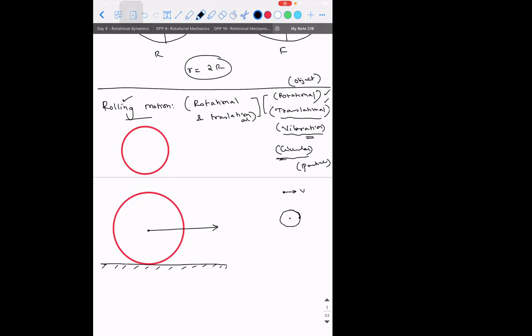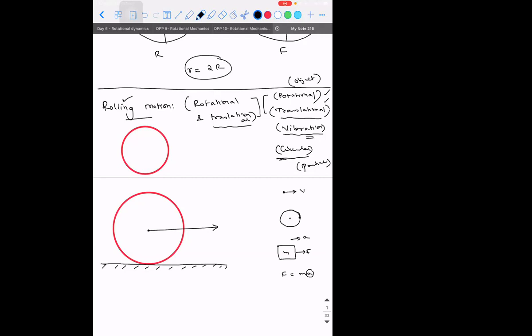Logically think, will the center of mass be able to have angular velocity? Because you told me it has translational motion, right? So remember in laws of motion, when we did problems, when I apply a force on an object of mass m and it has acceleration a, we write F is equal to ma.